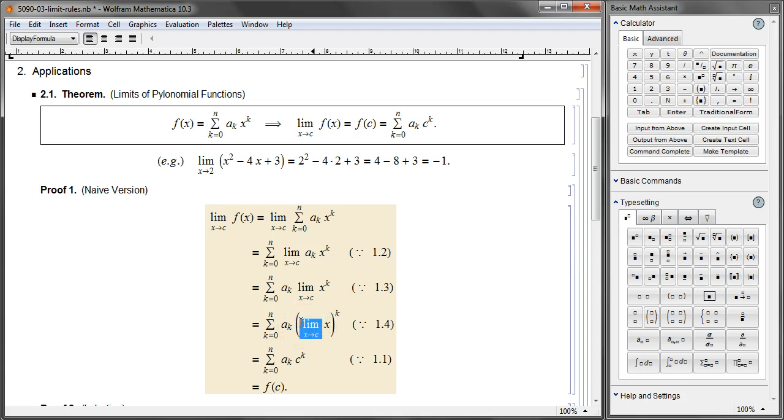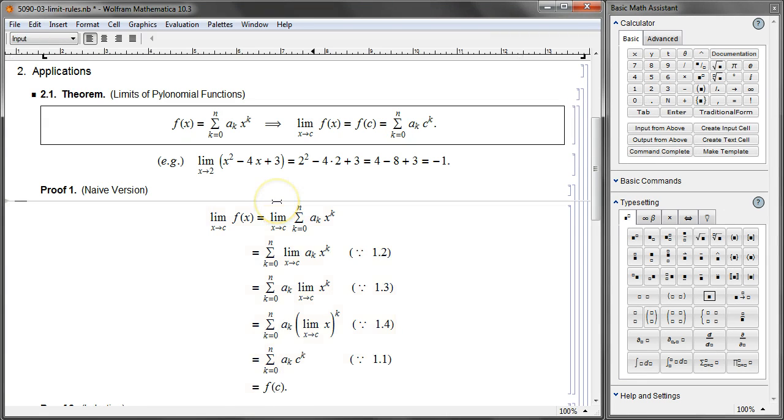And finally, this is c, the trivial limit rule. So what do you get? c to the k power. And what is this? This is the polynomial evaluated at c.